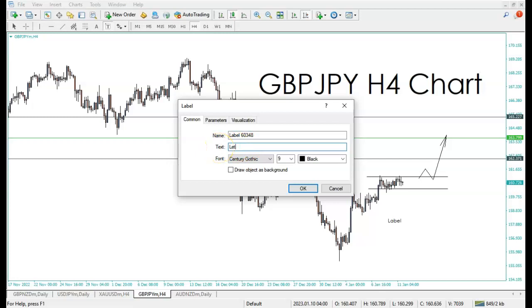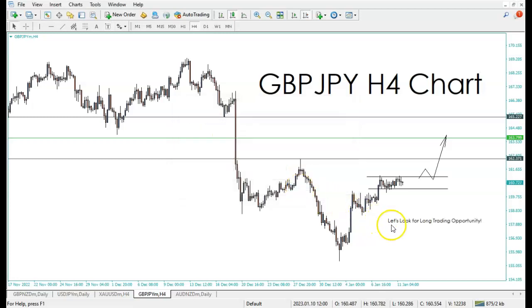Let's look forward for a long trading opportunity, okay? That's what we should look out for.